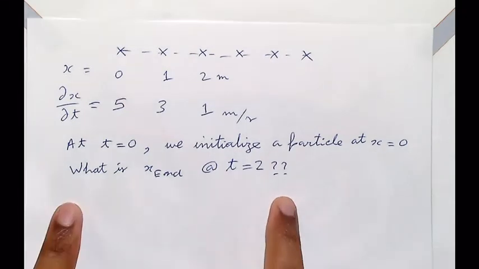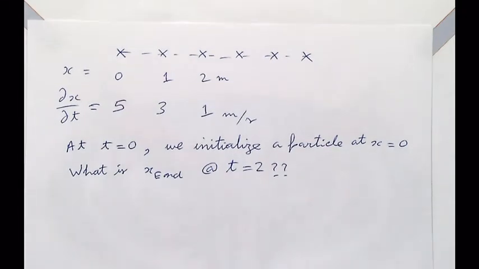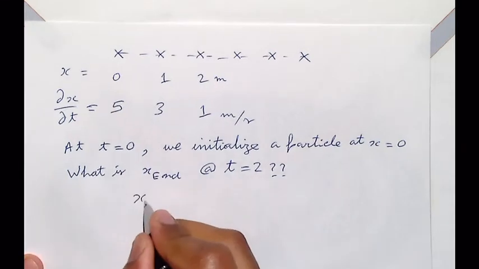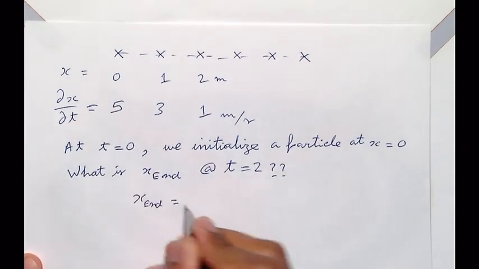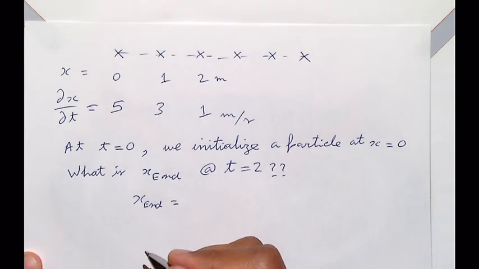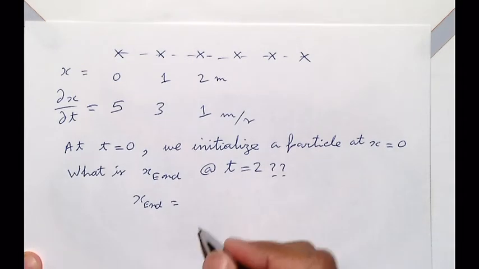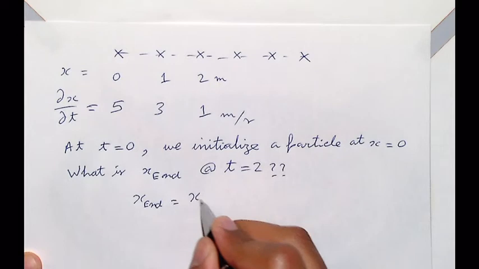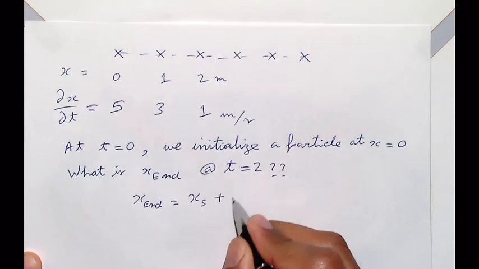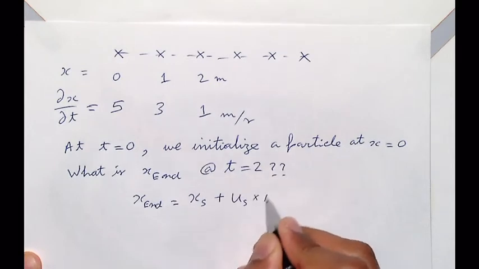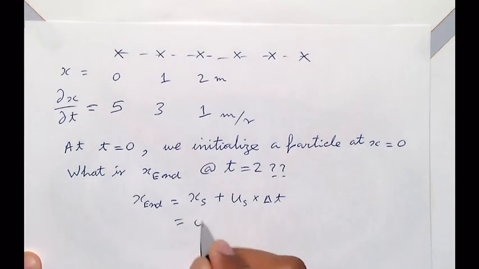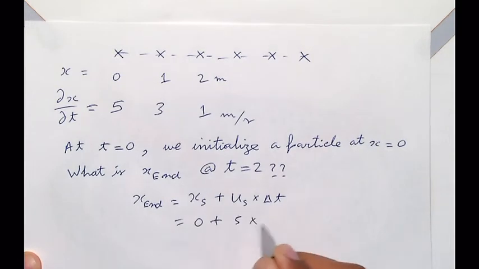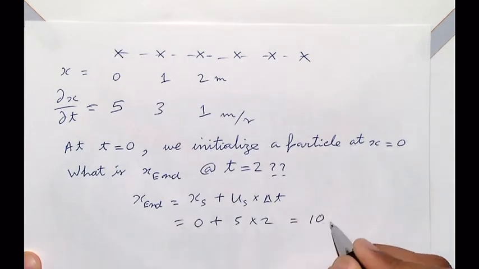All right, so tell me, what is the simplest thing we can do? Linear change. Yeah, that's what we started with. x star plus u star times delta t, which is 0 plus 5 times 2, which is 10 meters.